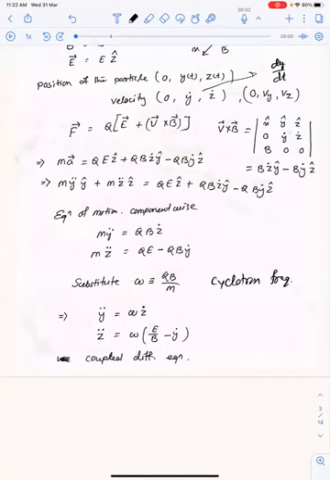If you substitute that, you end up with y double dot as omega z dot, and z double dot as omega times (E by B minus y dot). These are the two equations, and these are coupled differential equations.